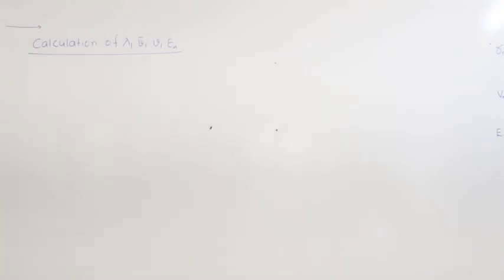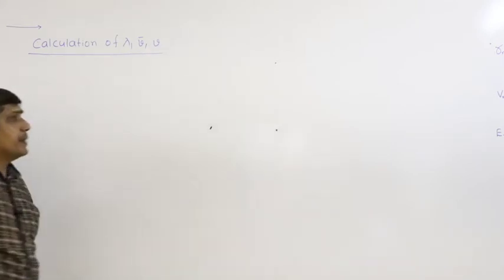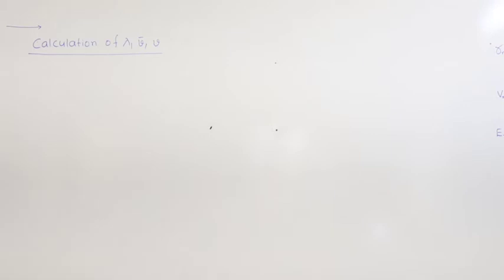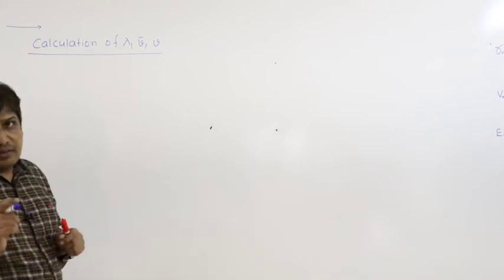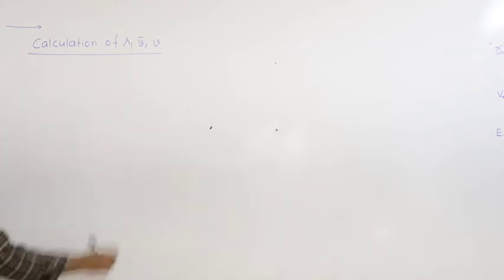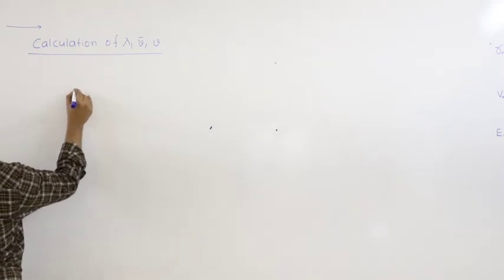Let us start with wavelength, frequency, energy, then we will see the Rydberg constant. Now, let us study the equations to calculate wave number and frequency first. So, what is the equation for energy of electron? Okay, let us consider like this.